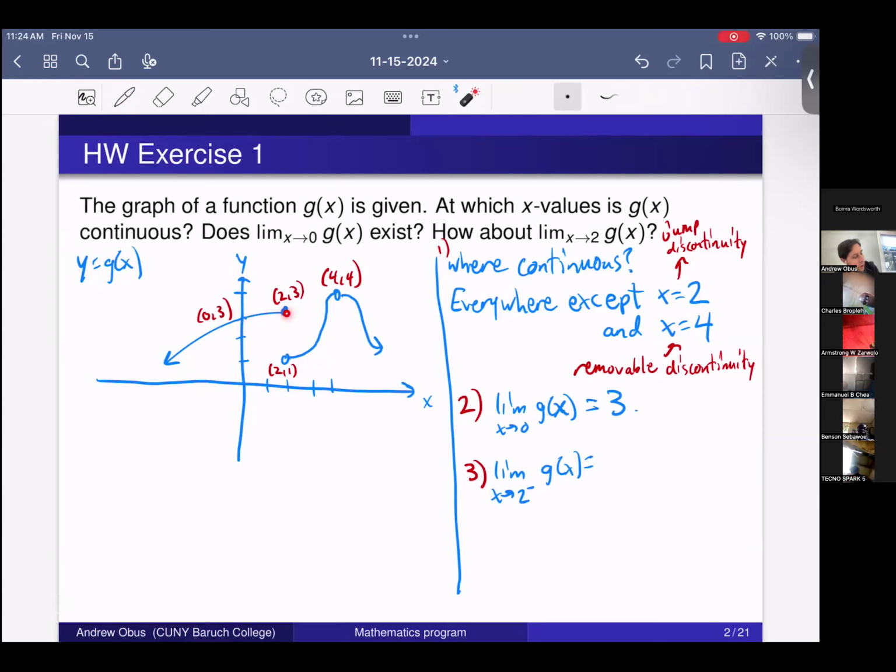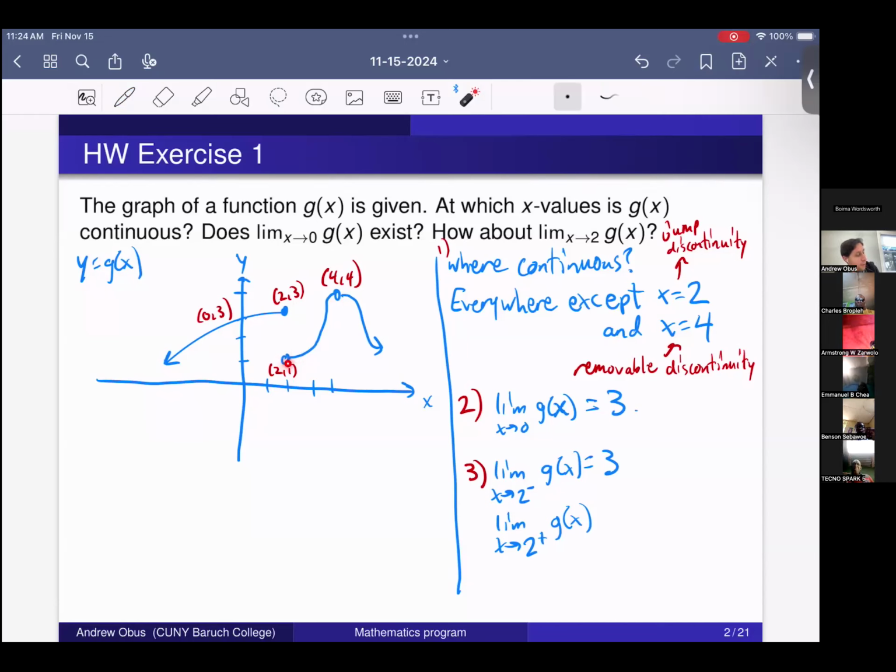The y values are getting close to this value over here, which is 3. Whereas for the limit as x approaches 2 from the right of g of x, coming from this side, what are the function values getting close to?